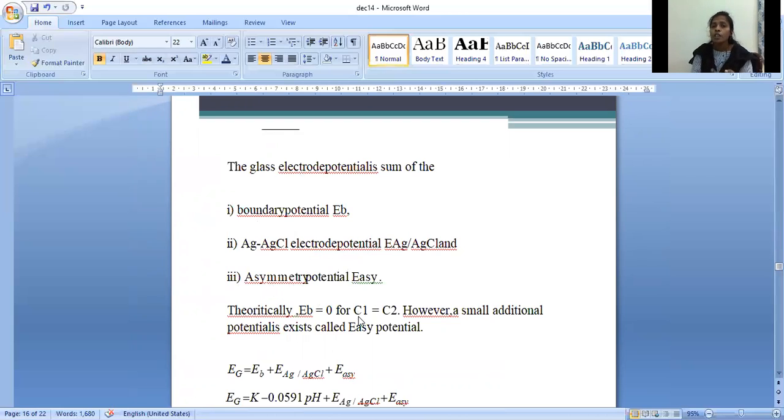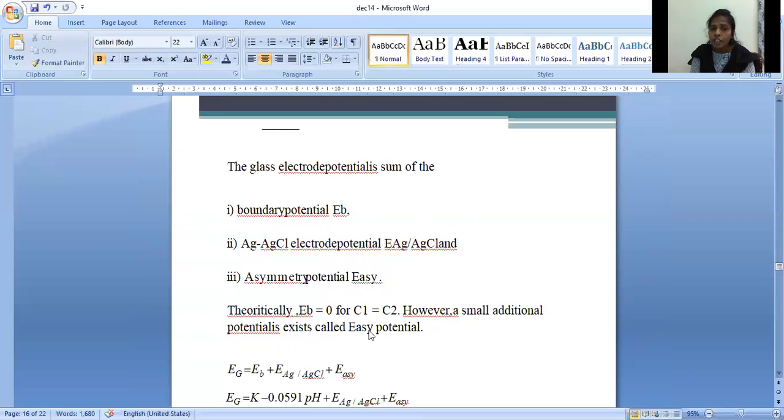There are three types of potential: boundary potential, silver chloride electrode potential, and asymmetry potential. Theoretically, EB is equal to 0 for C1 equal to C2. If C1 and C2 are equal, that means the inner and outer solution concentrations are equal, then EB will be equal to 0.